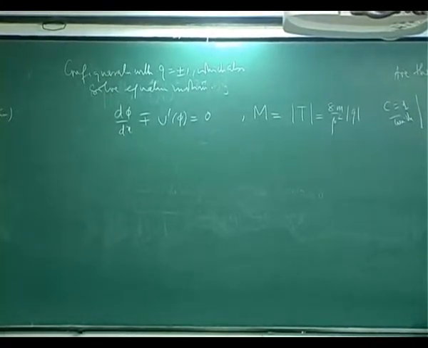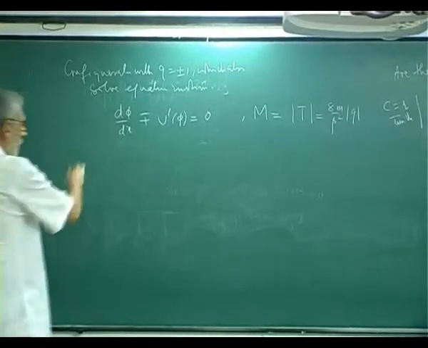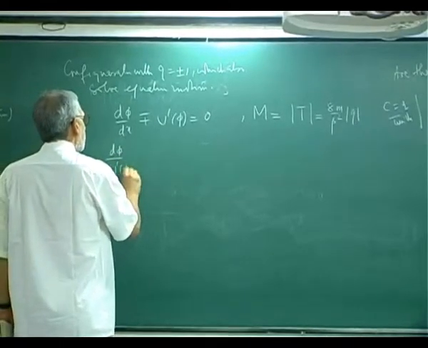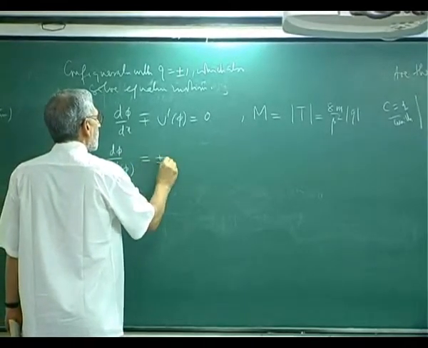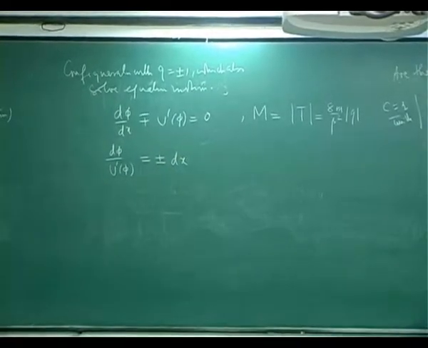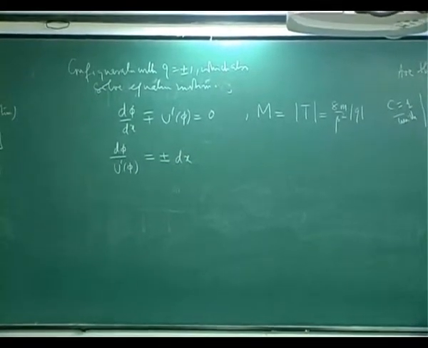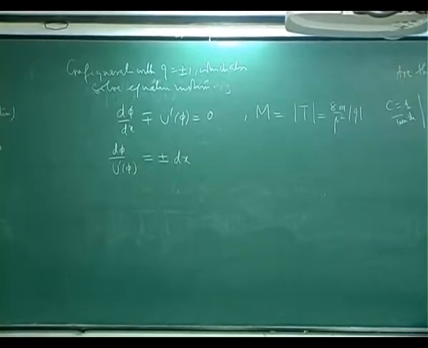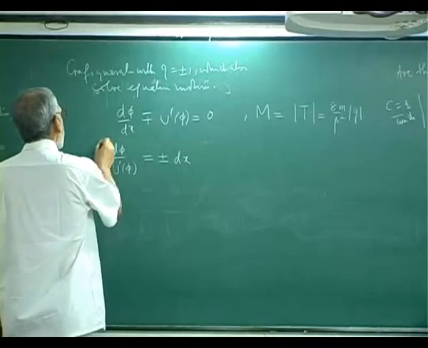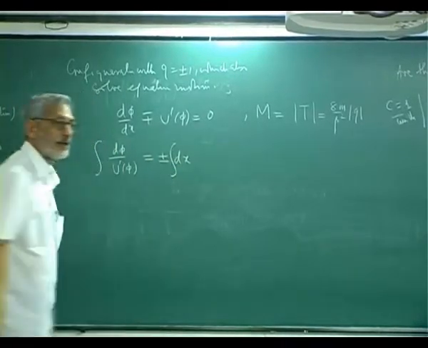Now let me put what u phi was. We wrote what u phi is. Rewrite this equation as d phi by u prime phi equals plus minus dx, and solve it by integrating it.